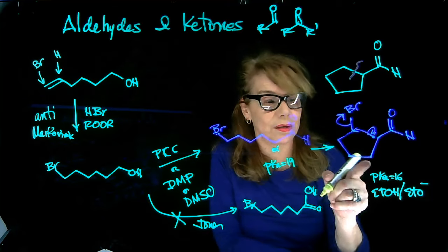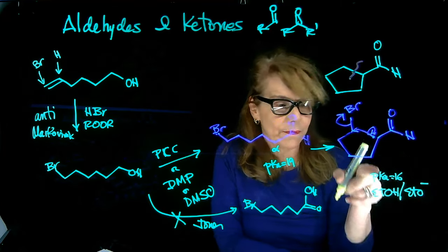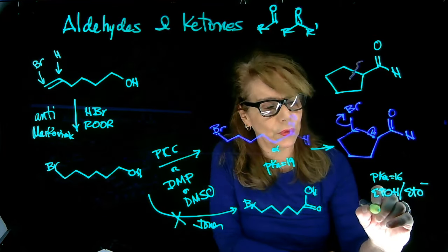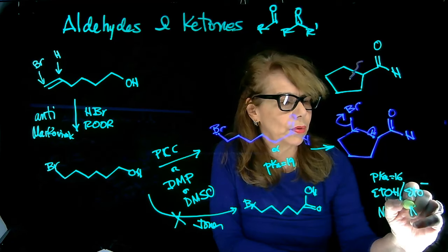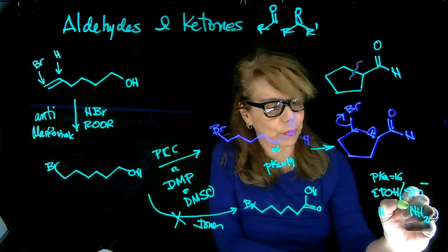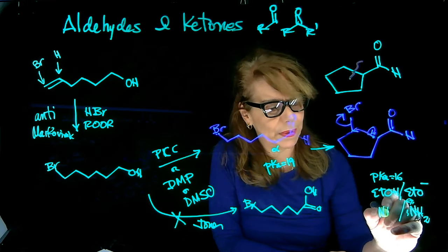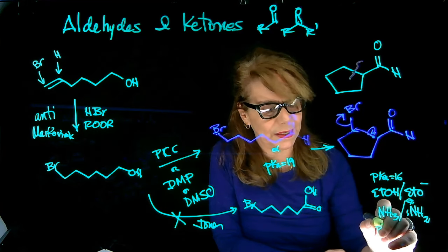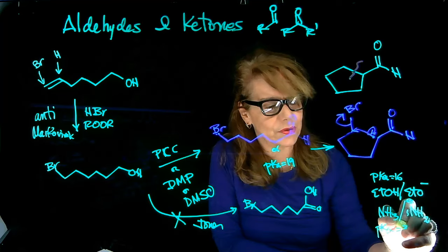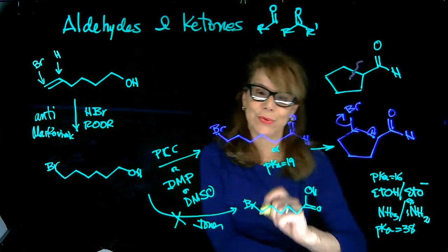So I need a stronger base than that. Typically you can use sodium amide, for example. Sodium amide is the conjugate base of ammonia, and here the pKa is 38, so more than enough to get that product.